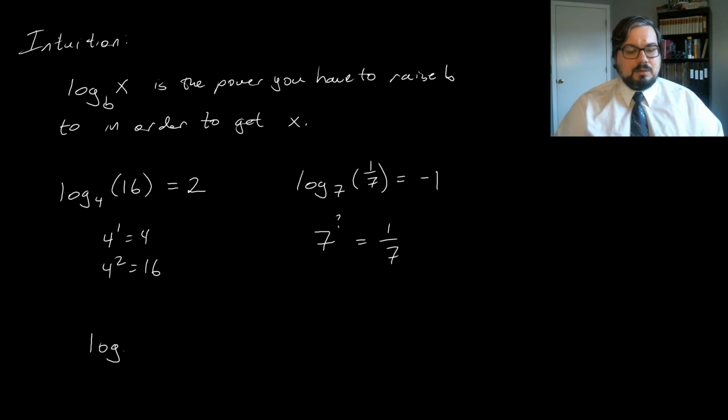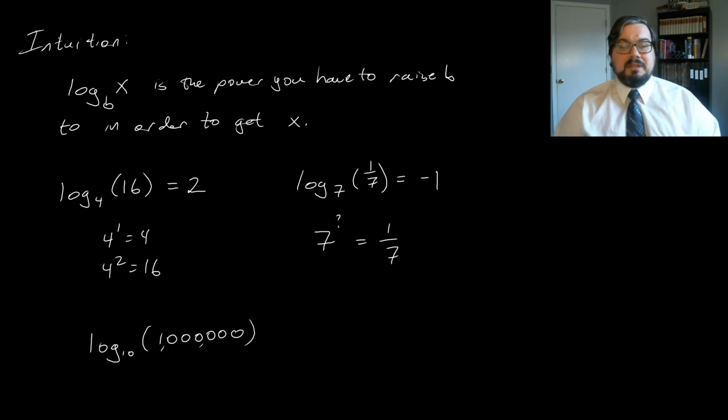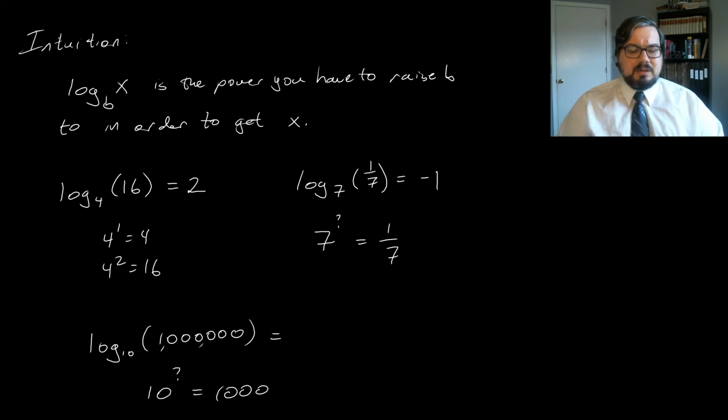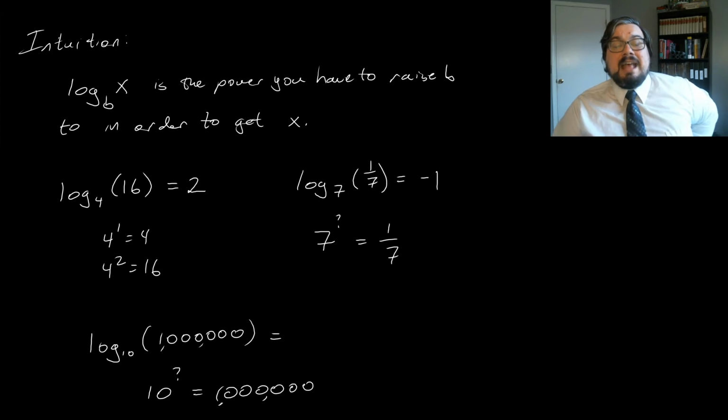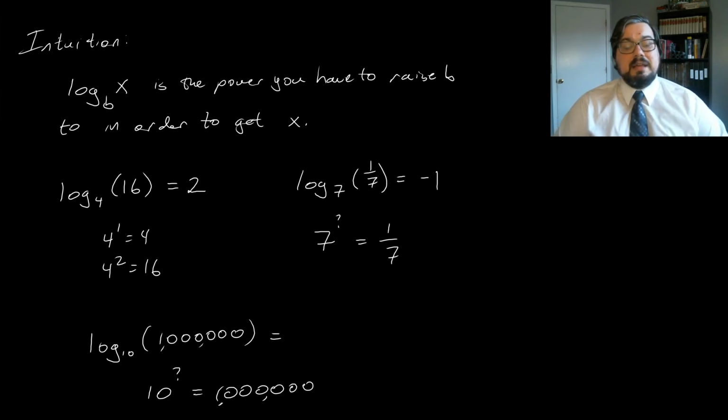Or if I asked, well, what's log base 10 of 1,000,000? That'd be asking, all right, well, 10 raised to what power is equal to 1,000,000? And we know that 10, because we use a base 10 numbering system, is very convenient when you take its powers, and whatever power you raise 10 to, that just tells you how many zeros you get in the result.